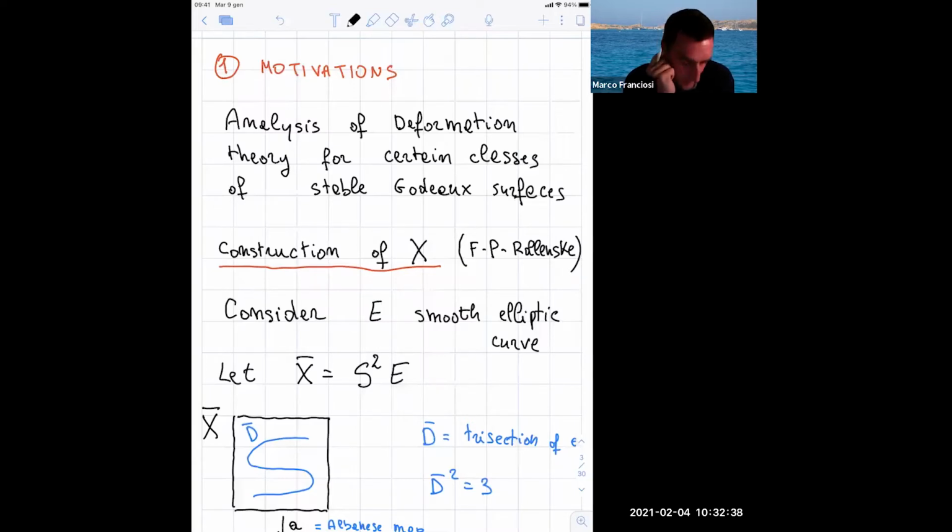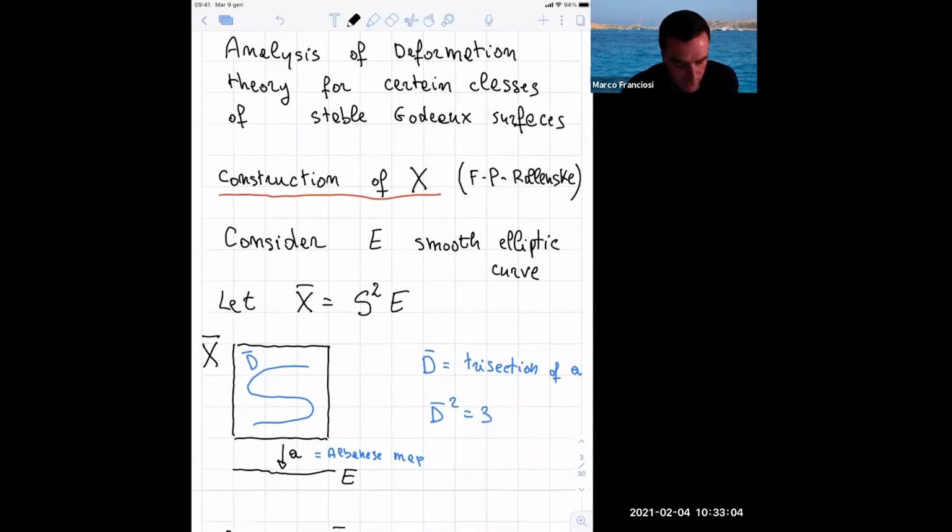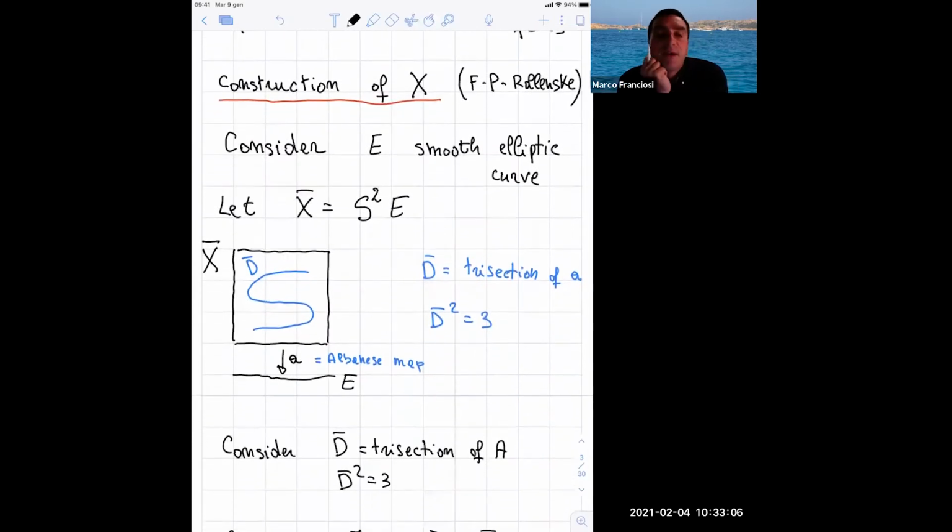Well, we worked on Godeaux surfaces with Zunke and Rita, and we gave a classification, and most of such surfaces were smoothable, but there are others which we didn't know. This is the main class of such surfaces which we didn't know if they were smoothable.